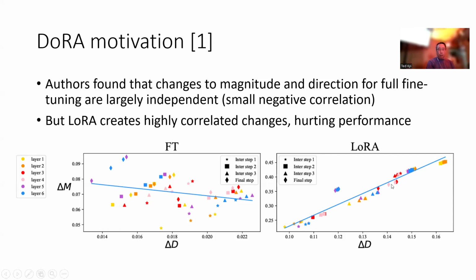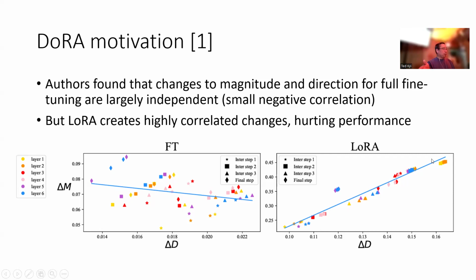If you look at how closely all of these dots are on this blue line here, okay? What happens in reality with full fine tuning is they're kind of decorrelated. Yeah, sometimes the direction changes and the magnitude changes. Sometimes it doesn't. So they said this is the problem.